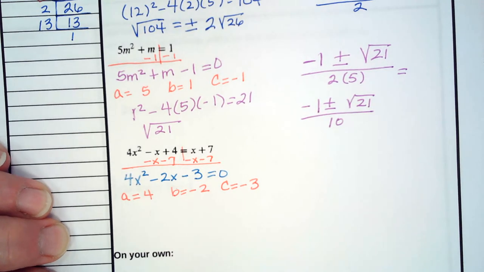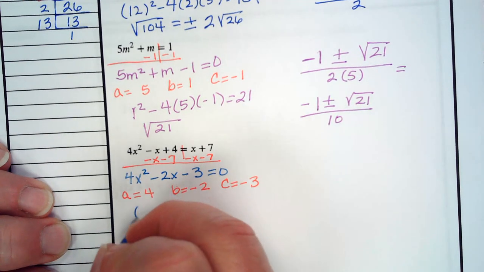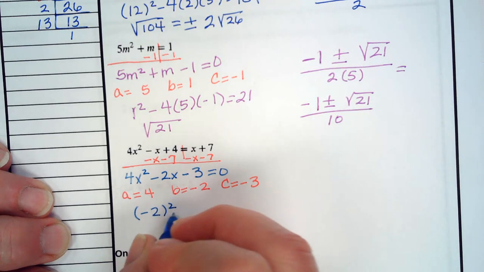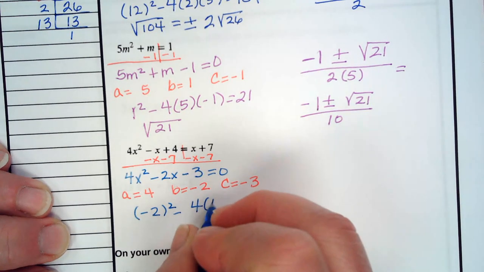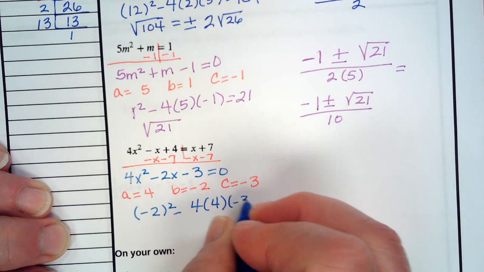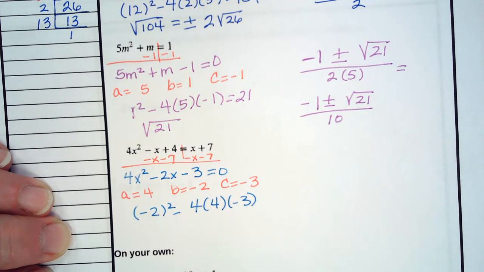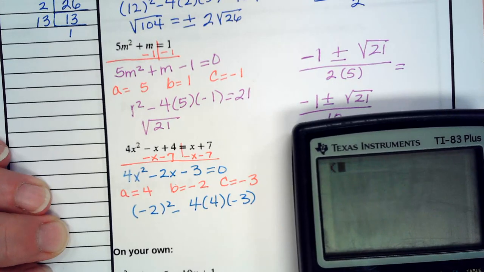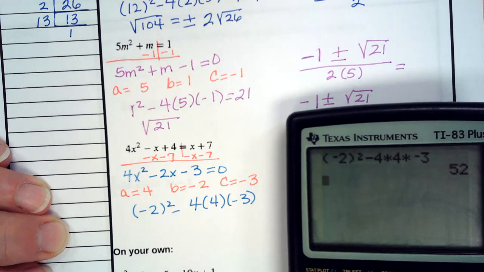Put it into your discriminant. Negative 2 squared minus 4 times negative 3. And I get 52.